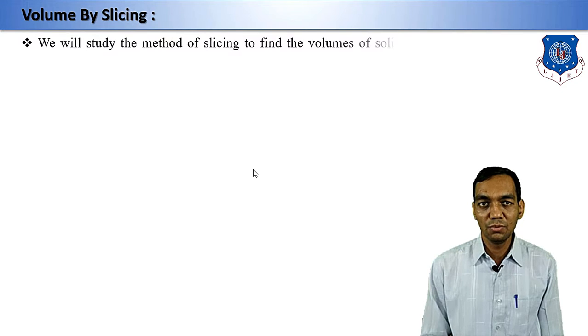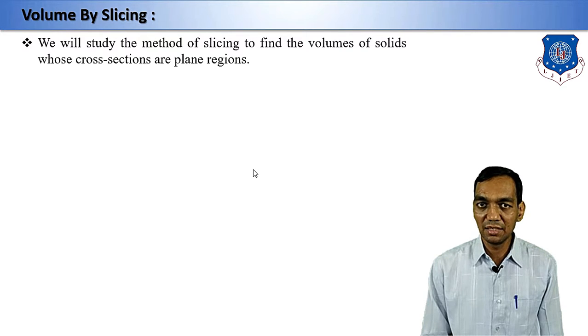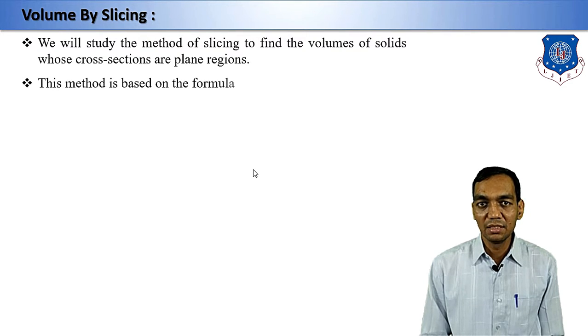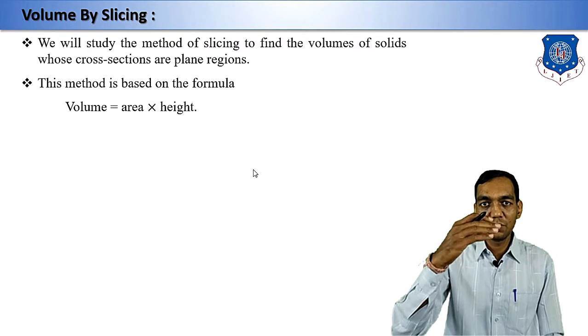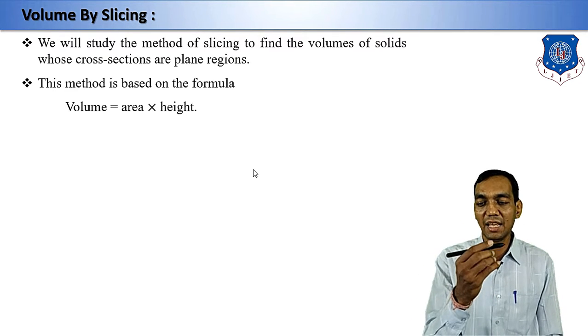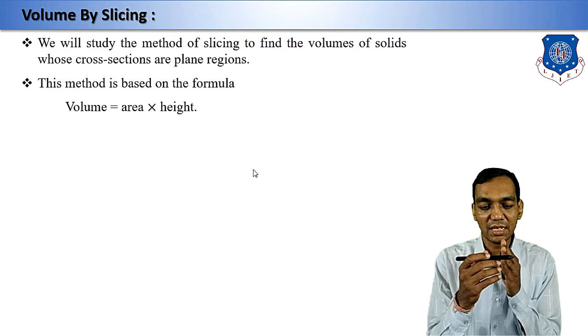If we are going to learn the slicing method, then first we require the cross-section plane region of any three-dimension geometry. This method's formula is based on volume equals area into height. Suppose you are given a three-dimensional geometry like this pen, and you want to find the cross-section area.